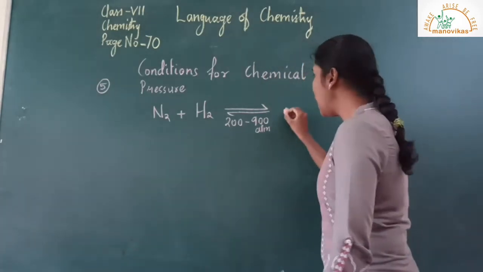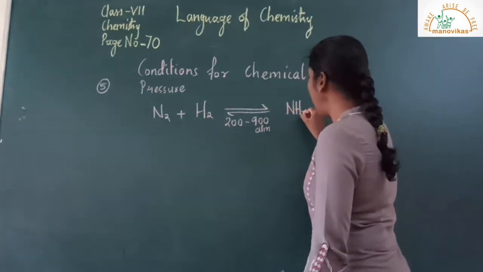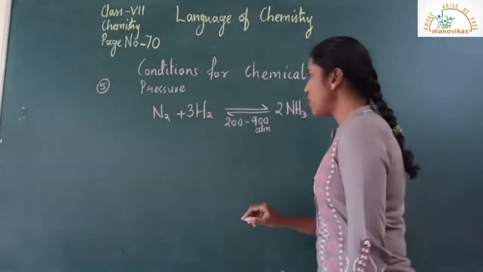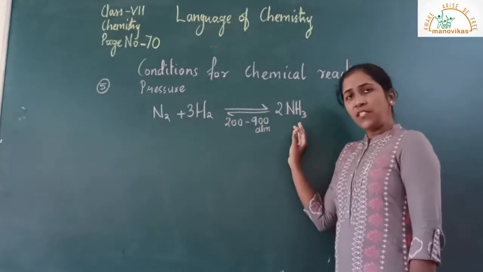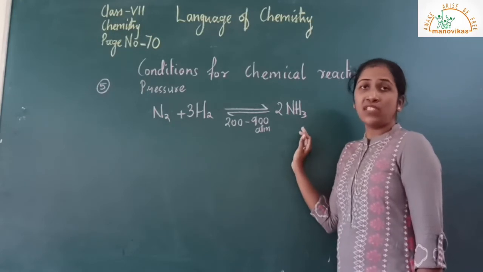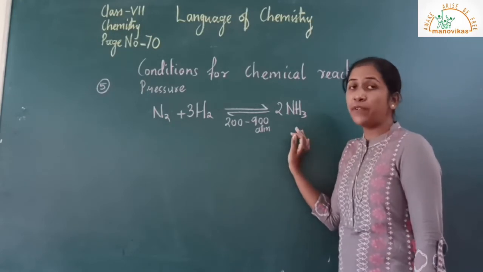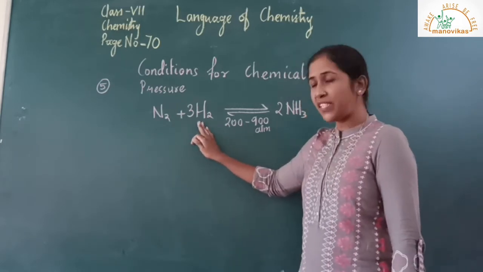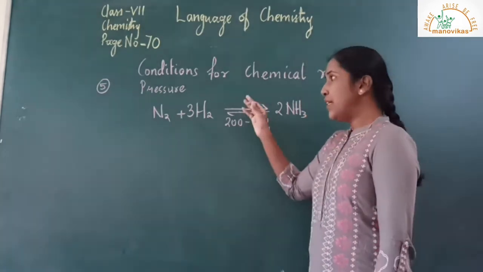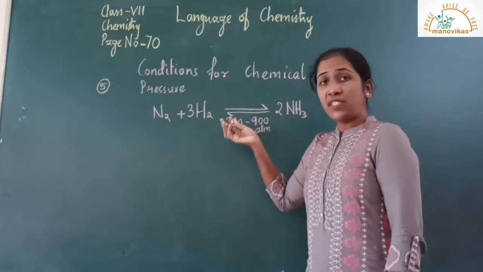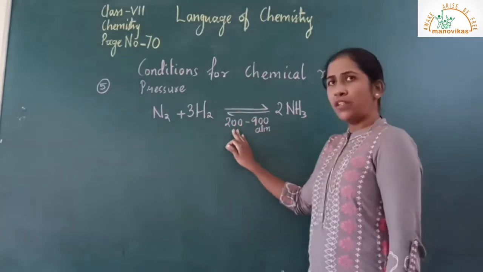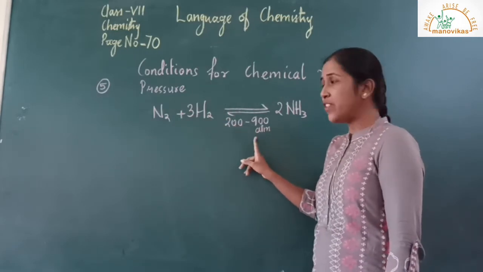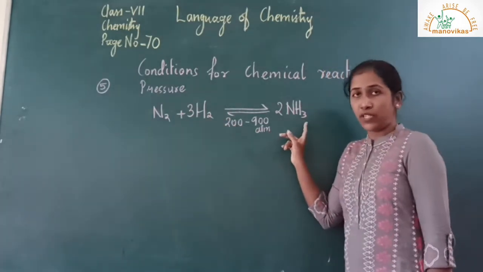What we get is ammonia. NH3 is ammonia. This reaction we use for the preparation of ammonia. Nitrogen gas, when it comes in contact with hydrogen gas, in presence of catalyst, in presence of temperature, and since we are talking about pressure, 200 to 900 atmosphere, what we get is ammonia.